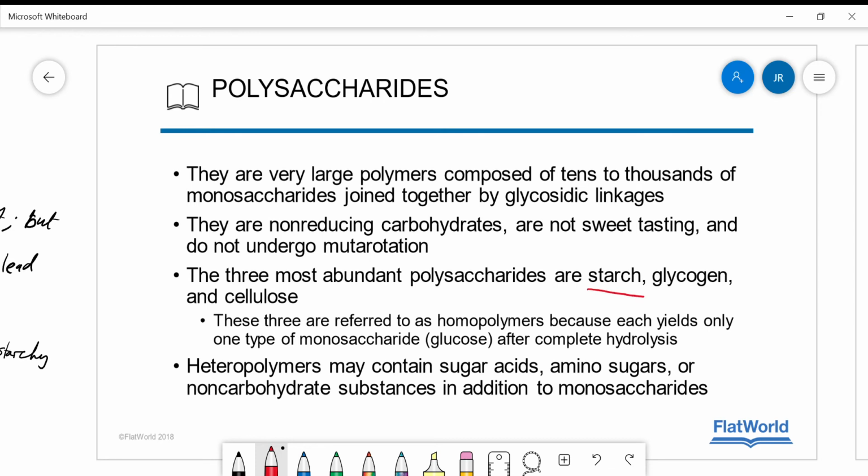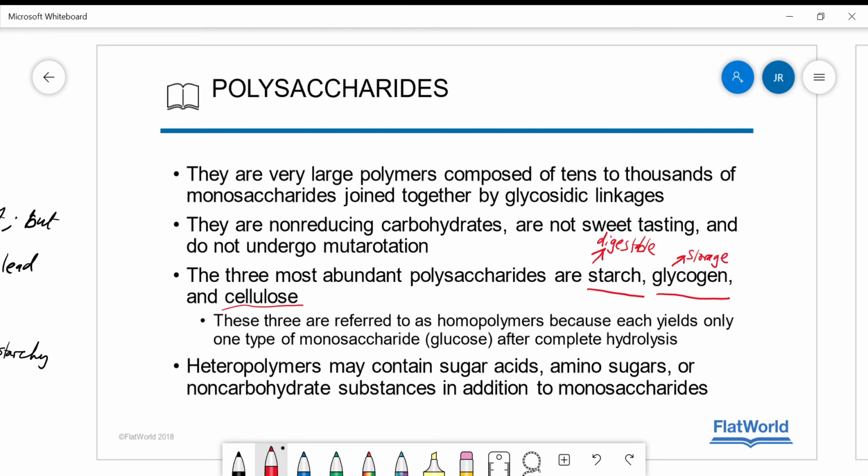So starch, glycogen, and cellulose. Starch, you can definitely digest this. This is readily digestible. Glycogen is storage form.